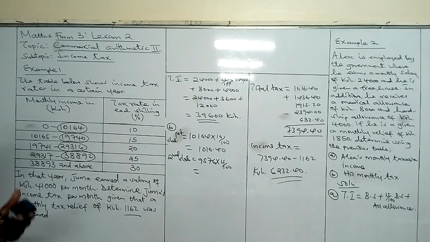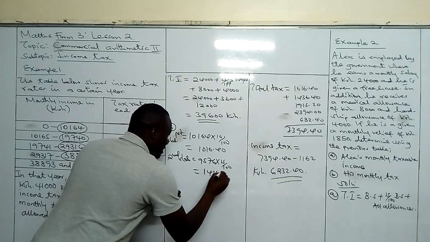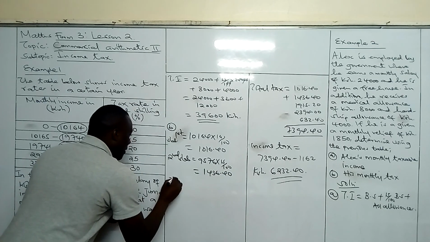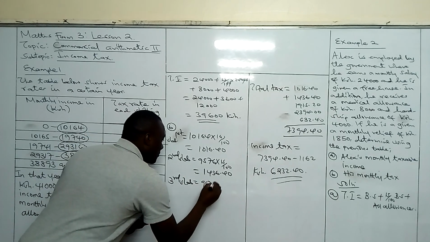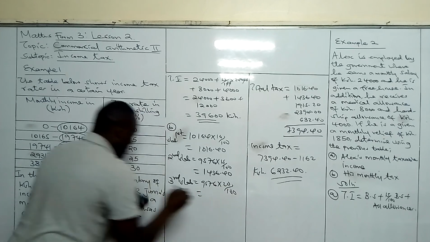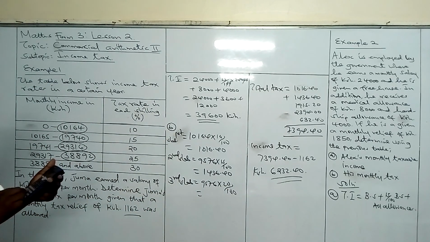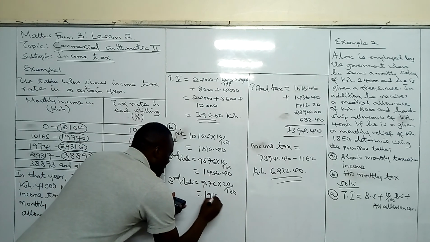So now I will say 95.76 times 15 divided by 100, where I will get 1436.40. Then in our next slab, we will use the same, that's 95.76 times 20 divided by 100, I will obtain 1915.20.